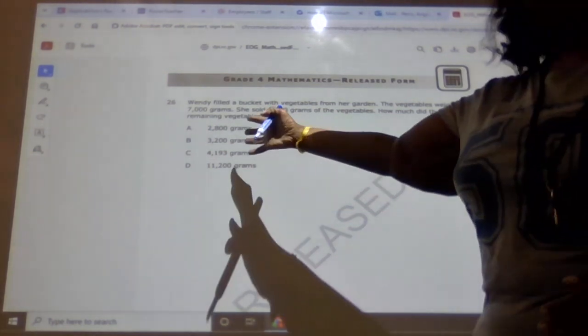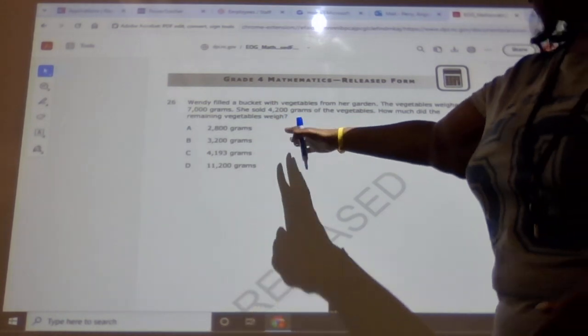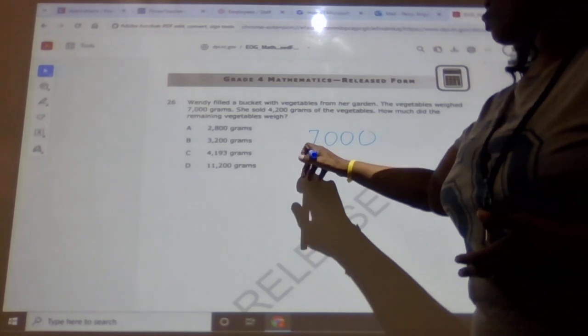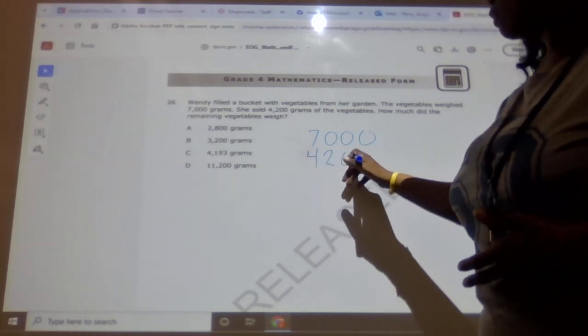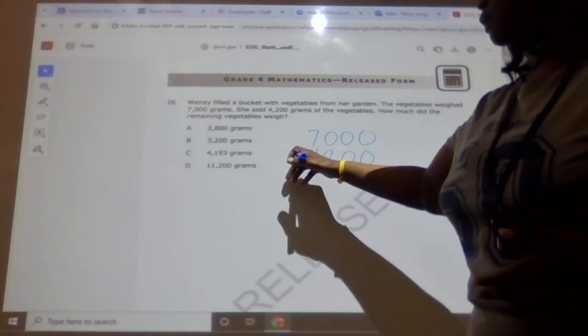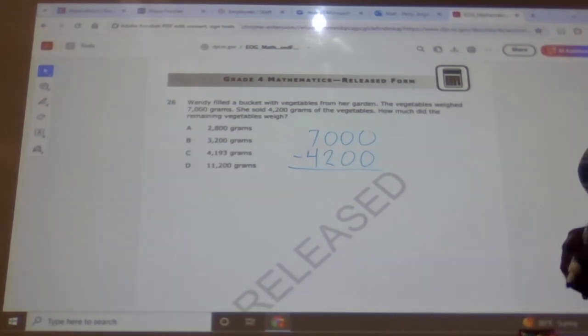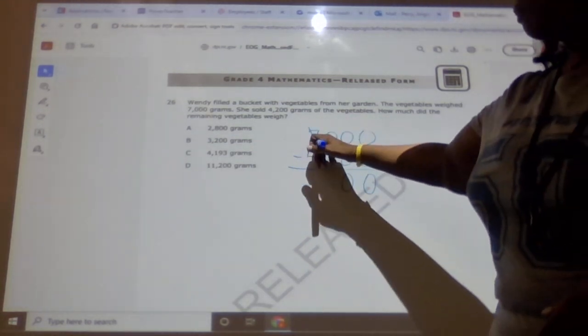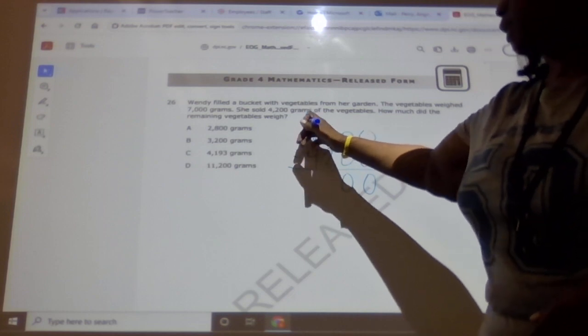Well, this is obviously not division, okay? Even though it has left, so that leaves us with subtraction. Because remember, we're never going to subtract smaller numbers, and these are in the thousands, okay? 0, 0. I cannot take 2 from 0, so I decompose the 7, it becomes 6.